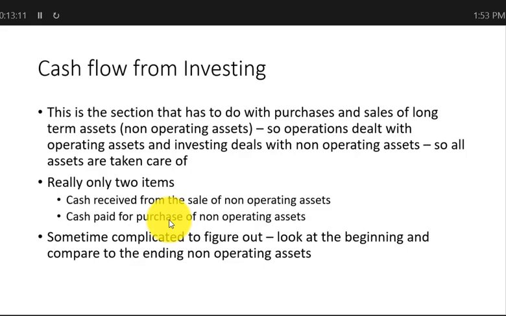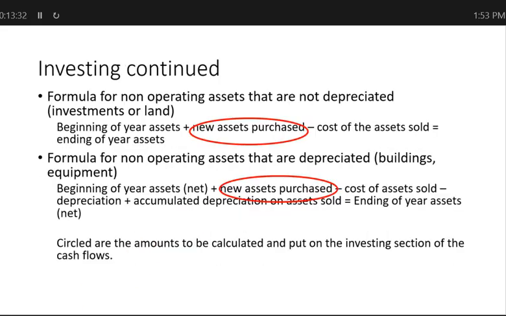Sometimes that is a little more complicated to figure out. We can't just look at the beginning and ending and take the difference like we did with our operating assets. We might have to do a couple extra steps. We'll have to utilize the beginning and ending, that's why we have the balance sheet side by side. But there, we may have to consider the possibility that some of the assets were not only purchased but also sold.